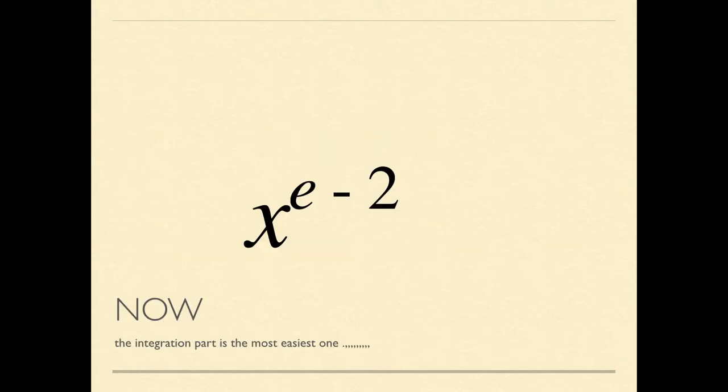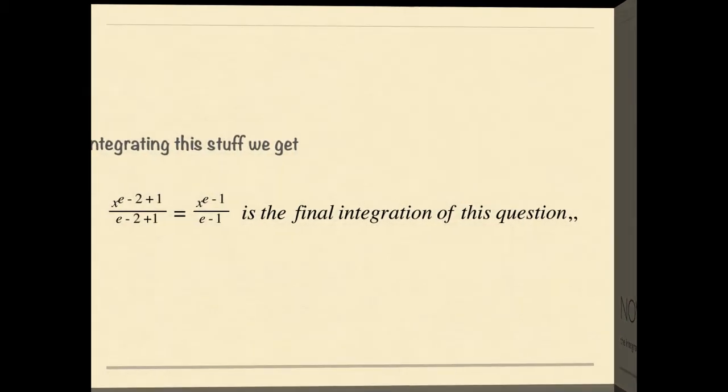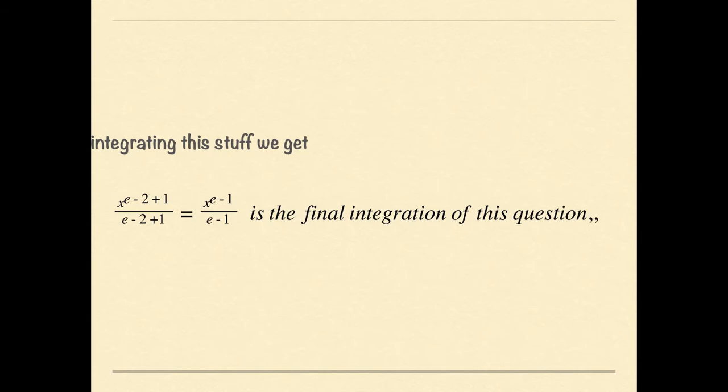Now it's simple. Now just integrate the x to the power e minus 2 term, right? So it's just simple. You'll get this. So after integrating this stuff, we get this: x to the power e minus 1 by e minus 1 is the final integration of this equation.